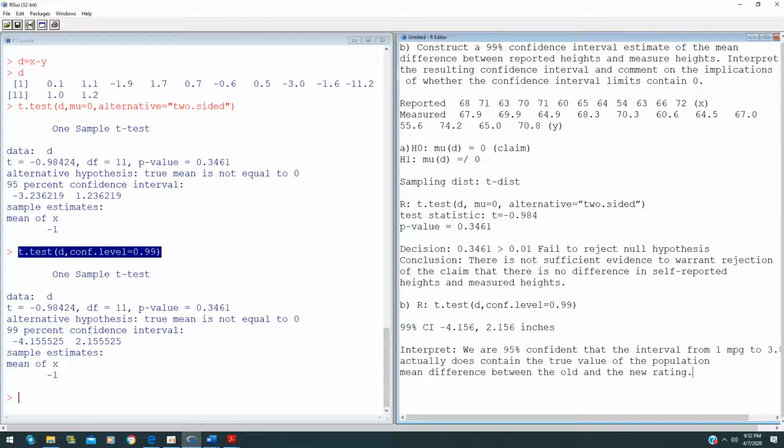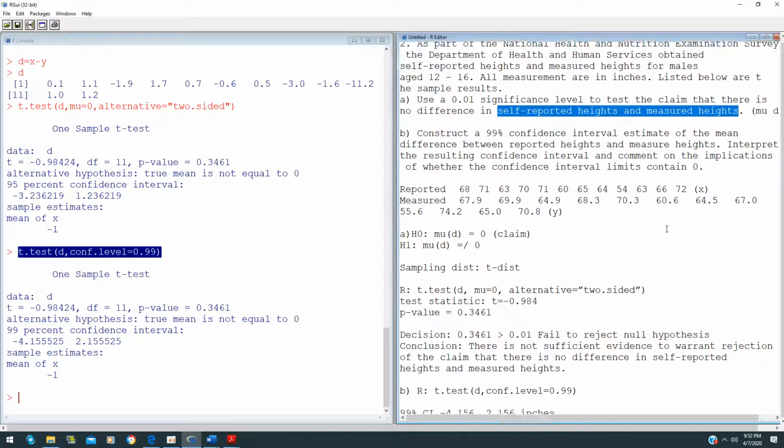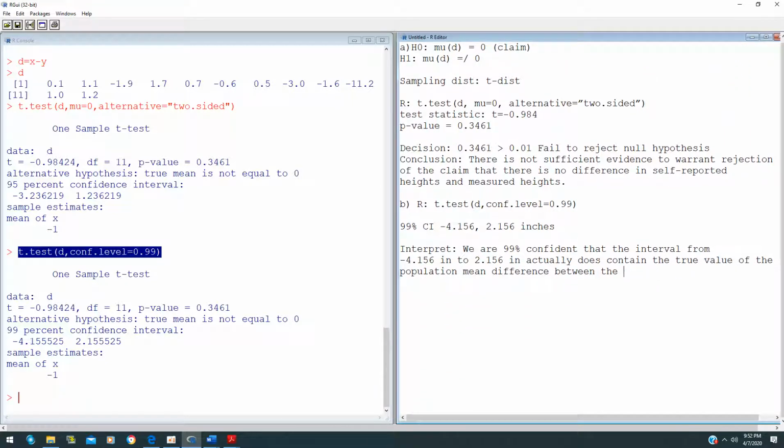In order for us to interpret the confidence interval that we just found, we are 99% confident, because we changed it to 99% here, that the interval from negative 4.156 inches to 2.156 inches does contain the true population mean difference between, now what do we say, between the self-reported height and the measured height. That's what they want you to find.